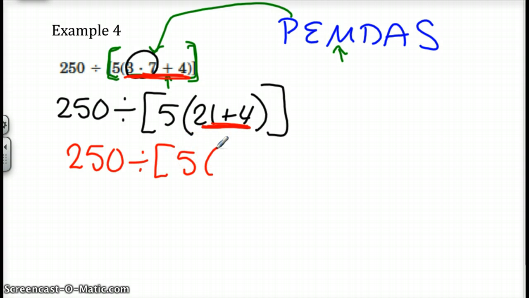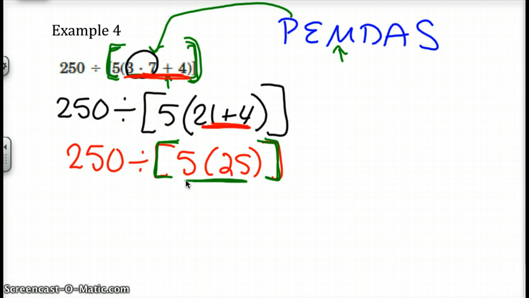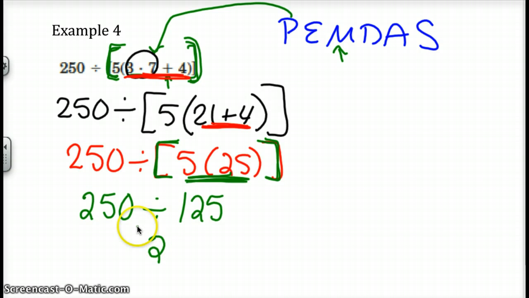And 21 plus 4 is 25. All right, now at this point I'm looking at these brackets here, which are kind of like parentheses. This is the only thing I have inside there, so I'm going to multiply that. 250 divided by 125. 250 divided by 125 is 2.